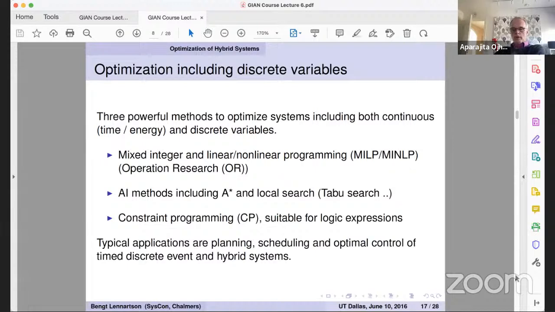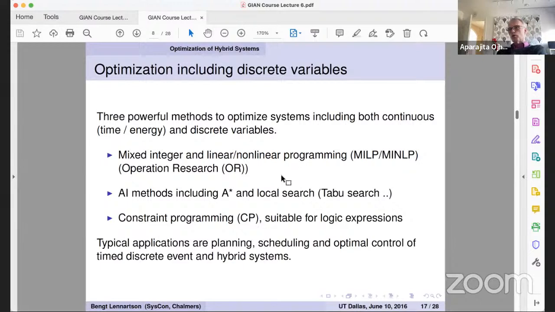What is more interesting in this case is that the logical variables are not handled very well in the OR methods.